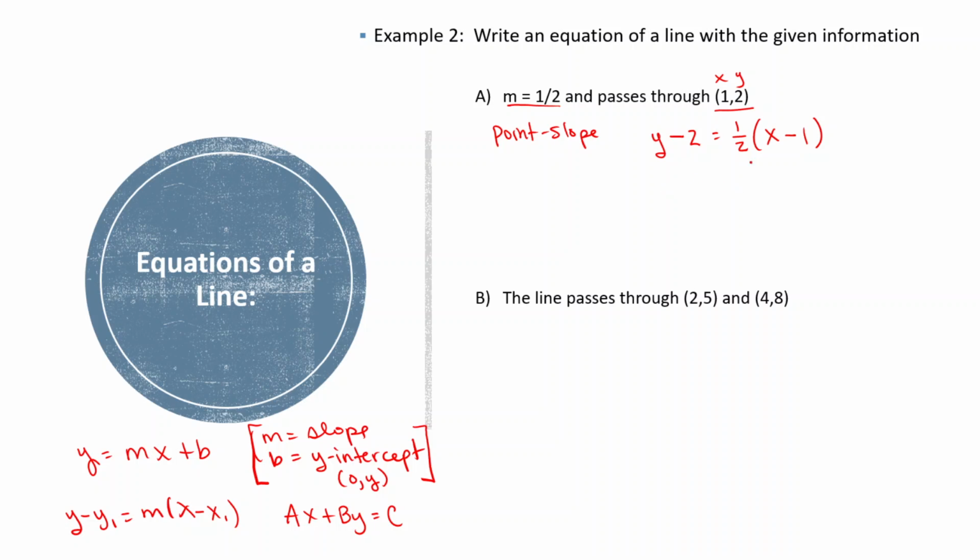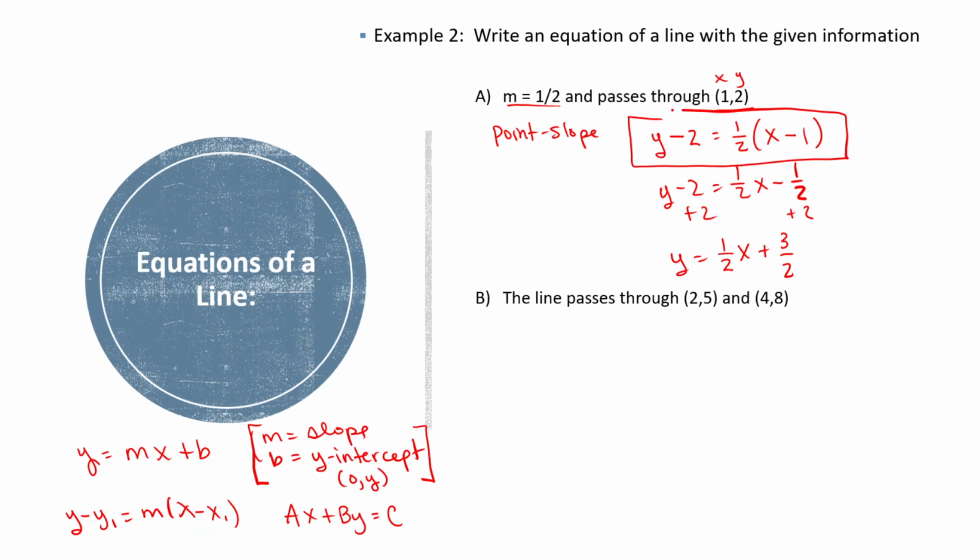Now, if I want to simplify this, this would be y minus 2 equals 1/2 x minus 1/2. We can distribute the 1/2 through. And then I can add the 2 to the other side, and I get y equals 1/2 x plus 3/2.